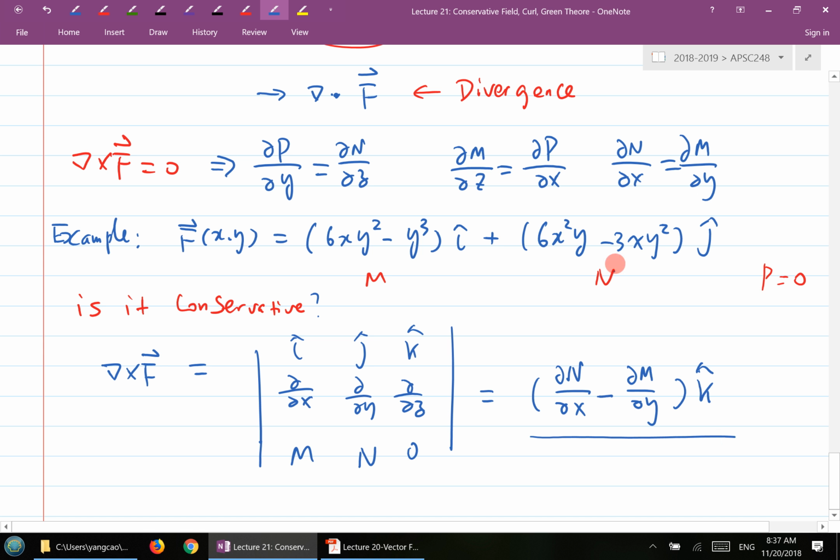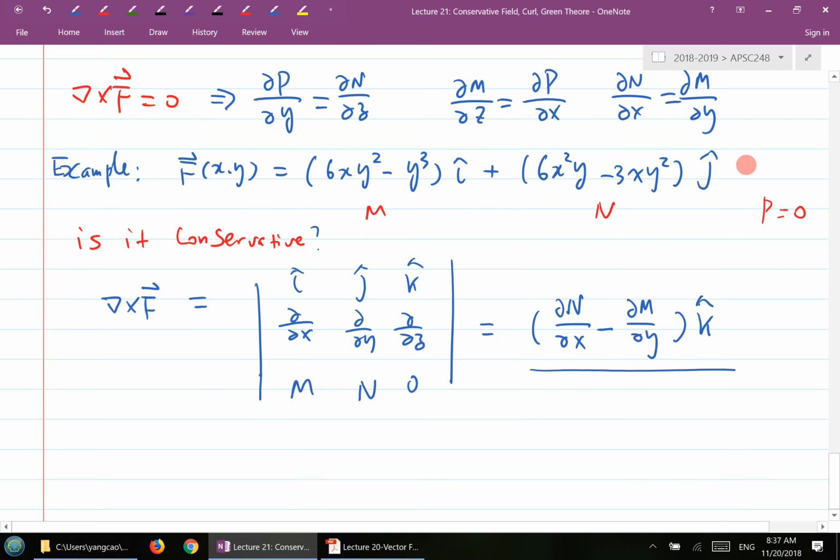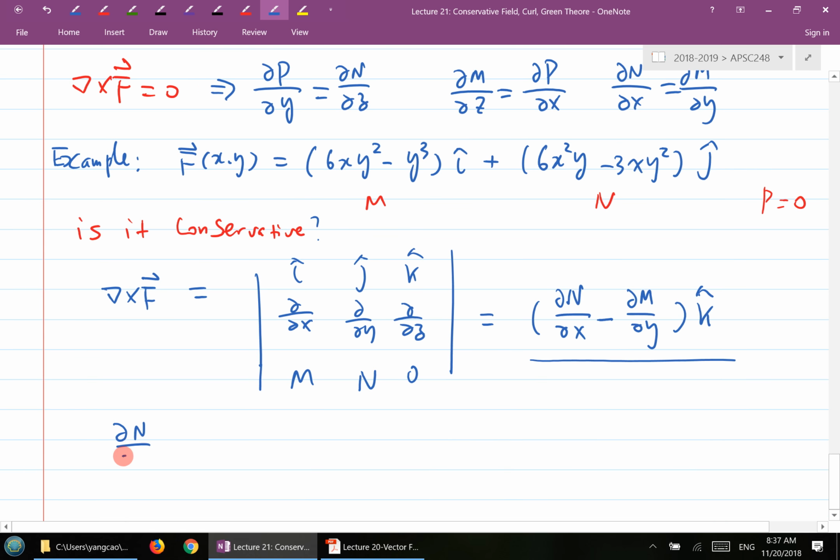So all we need to do is calculate two partial derivatives, partial n over partial x minus partial m over partial y. So what's partial n over partial x? Treat y as a constant. This is what I mean: everything we learned before the midterm, you're essentially using it for solving the question here.